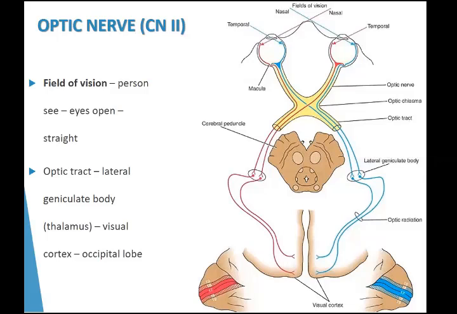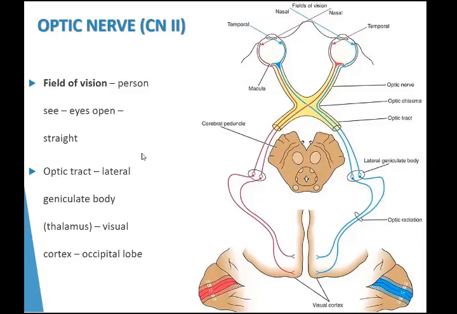From the optic tracts run posteriorly, go and relay in the lateral geniculate body. The synapse over there, lateral geniculate body is part of the thalamus. From the thalamus, postsynaptic fibers arise and they go and relay in the visual cortex. Visual cortex is in the occipital lobe.